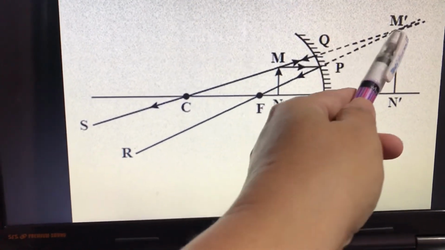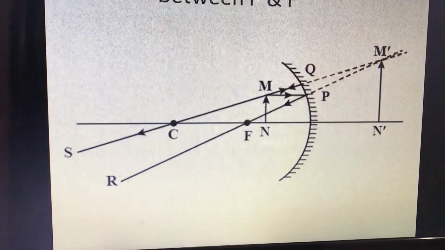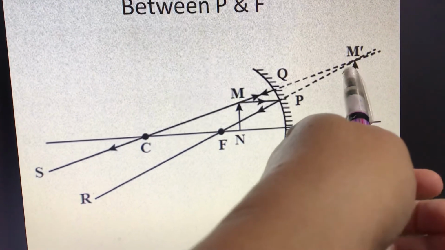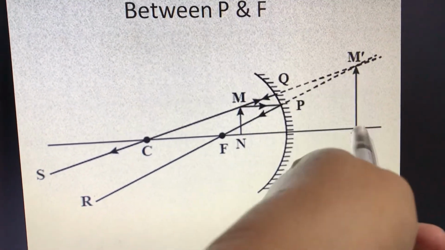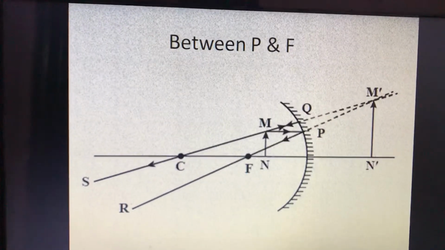So they meet behind the mirror at this M dash, and therefore the image would be behind the mirror. So it is a virtual image and erect. Okay, erect, magnified and virtual image, right?